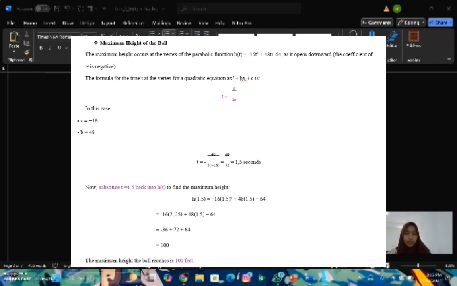So -36 plus 72 plus 64 is 100. So we have the maximum height the ball reaches is 100 feet.